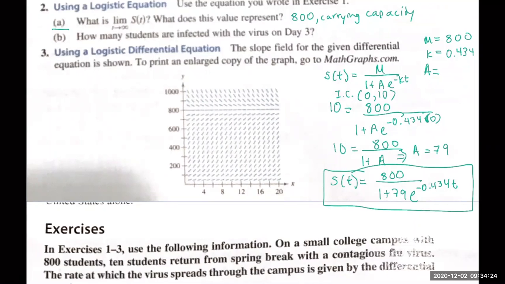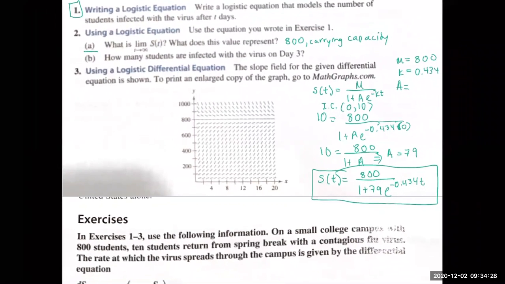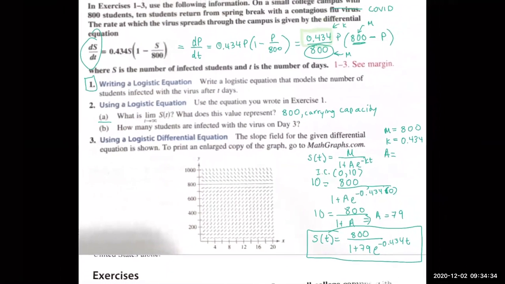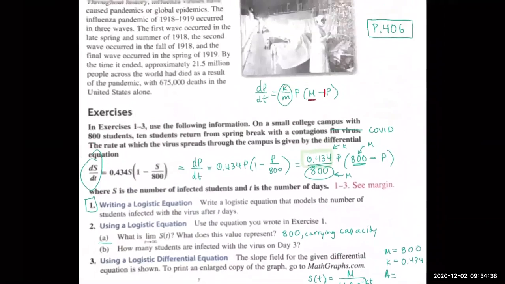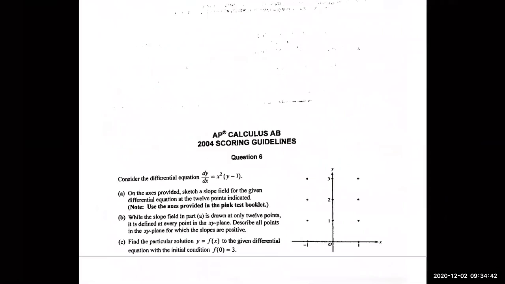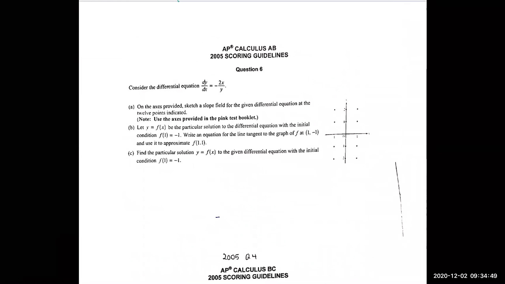All right, so that was what I wanted to cover with you for logistic growth. Then with 15 minutes, I wanted to make sure you had a chance to go through one free response. So let me have you look at your logistic growth packet that you printed. You've already done this 2005 question 6.